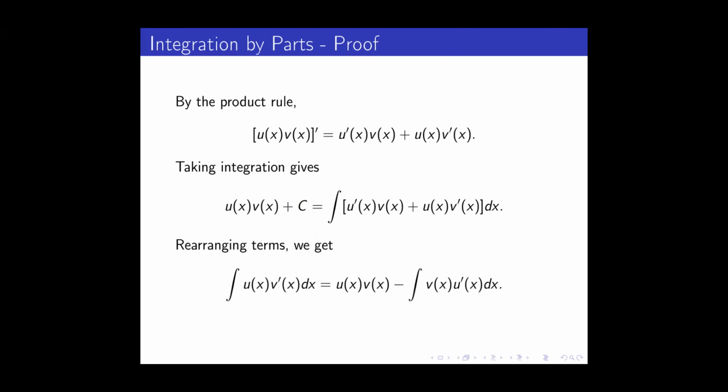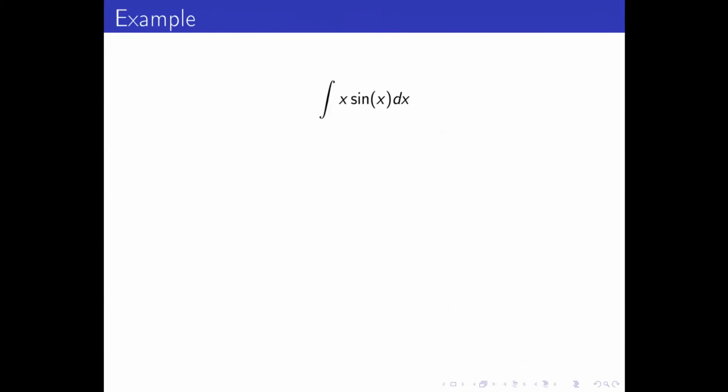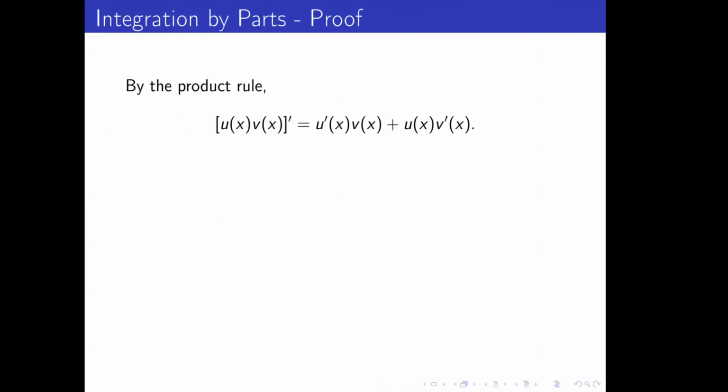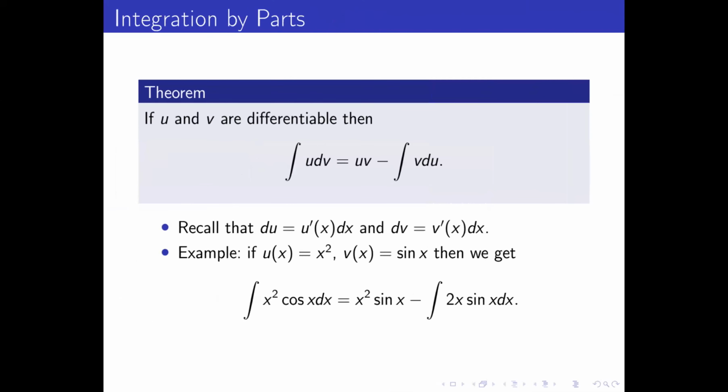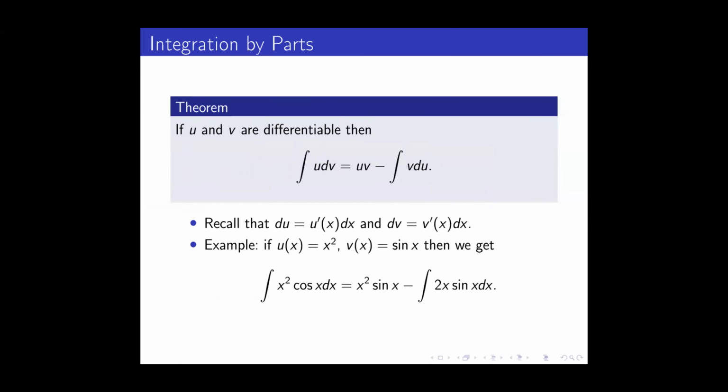So usually what you would do is find u and v so that this is equal to what you want to compute, and also it has to be in such a way that this one is easier to compute. So somehow you have to reduce the difficulty of the problem.